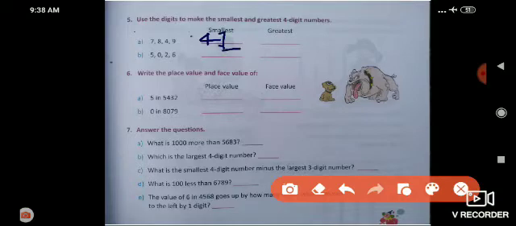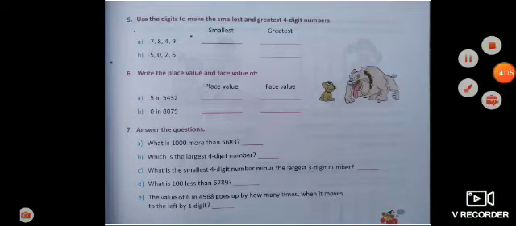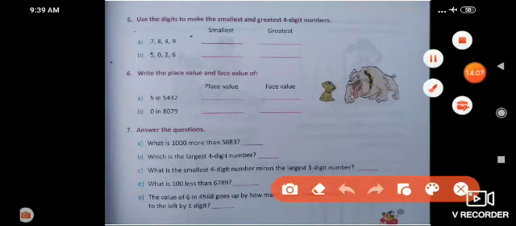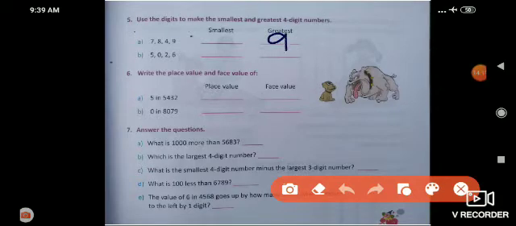Then 4, 7, 8, 9. Right? 4789 is the smallest number. How will we form the greatest number? You have to arrange the numbers in descending order. Right? Now we will see. Which is the first greatest number? 9. Next 8. Then 7. Then 4.